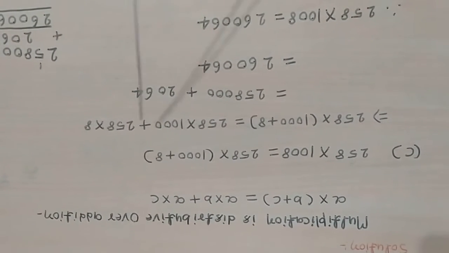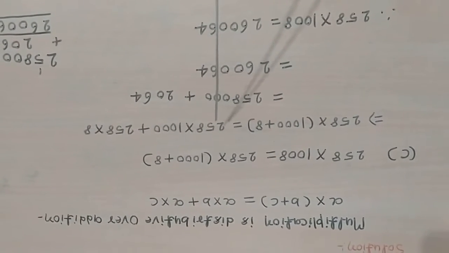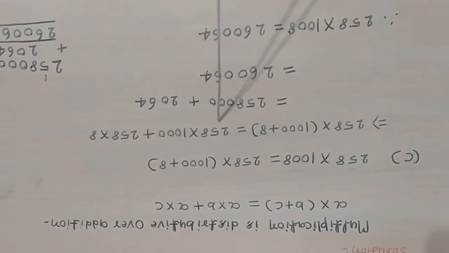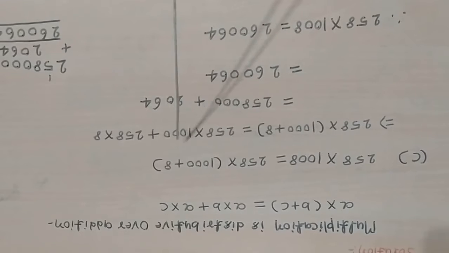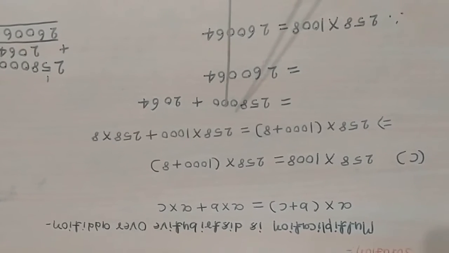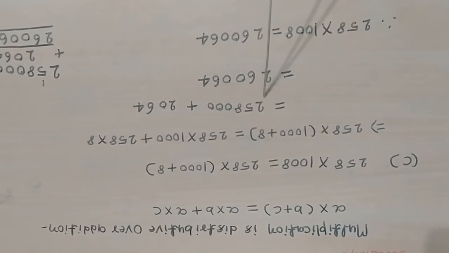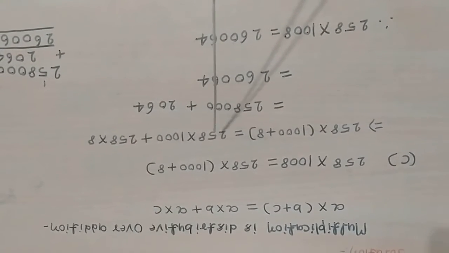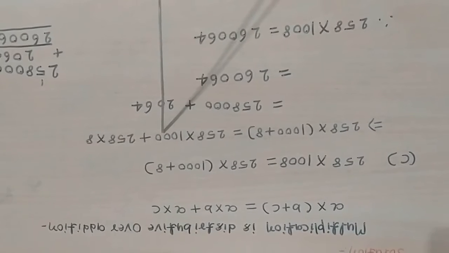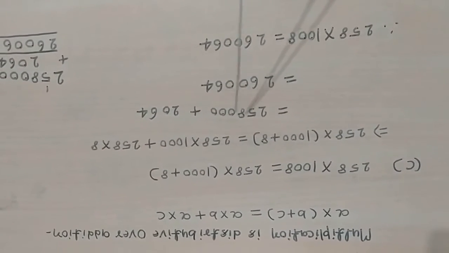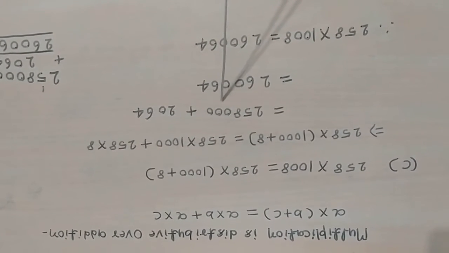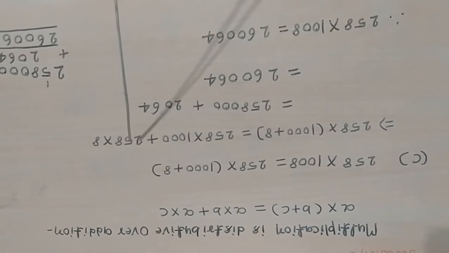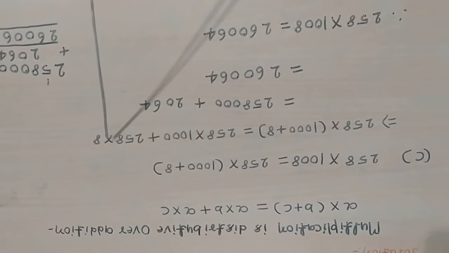So multiplication of 258 into 1000 is this. First you write 258. After this, how many zeros in 1000? 1, 2, 3. So write 3 zeros. So this is 2,58,000. The product of 258 into 1000 is 2,58,000. Now plus the product of 258 into 8.